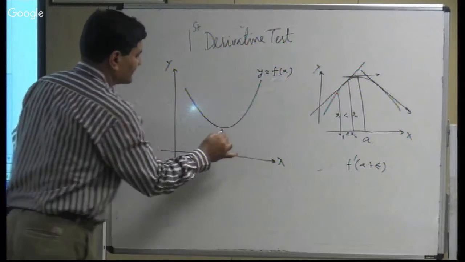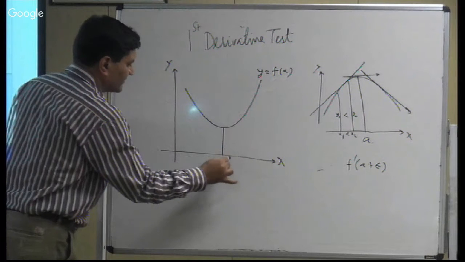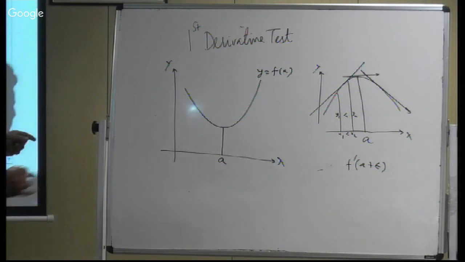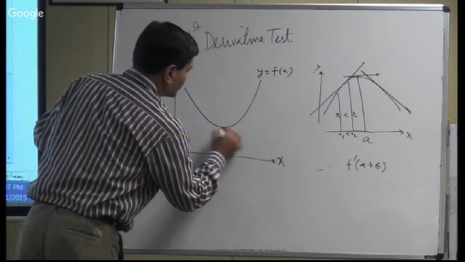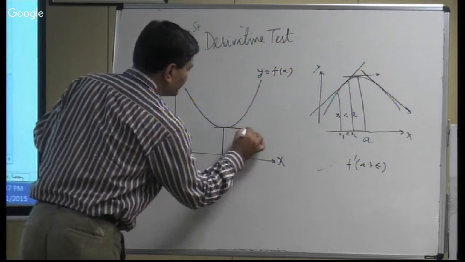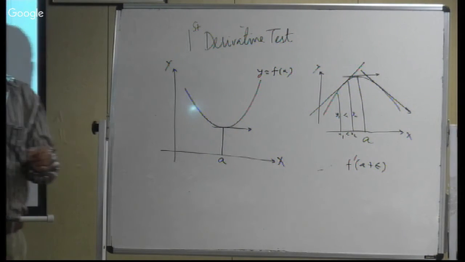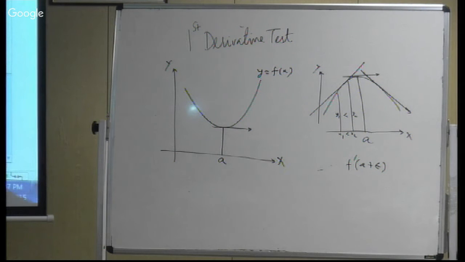I'm considering the same point, let us say x equal to a. Now here a is a point of local minima. What will be the tangent at this point? The tangent will be parallel to the x-axis. So at this point the derivative will be 0, in the case when the function is continuous and the derivative exists.